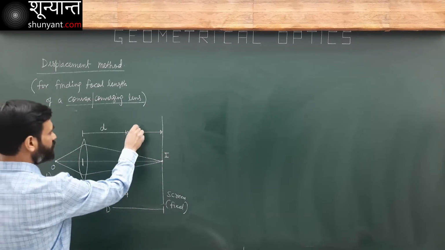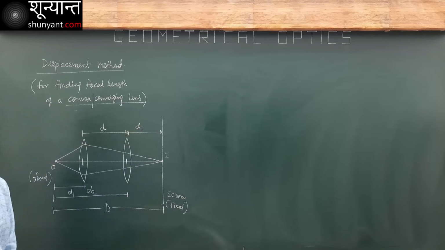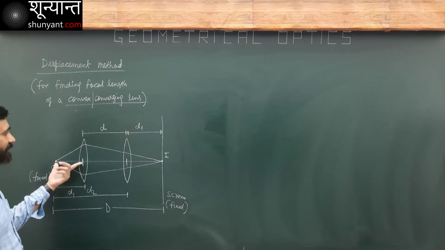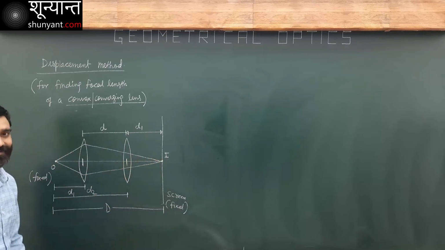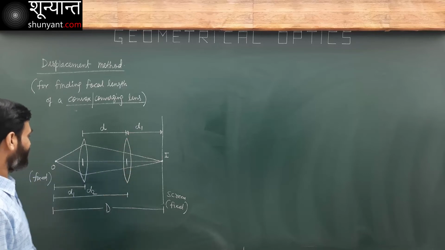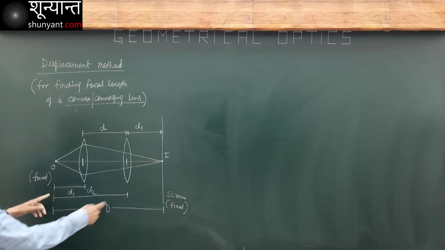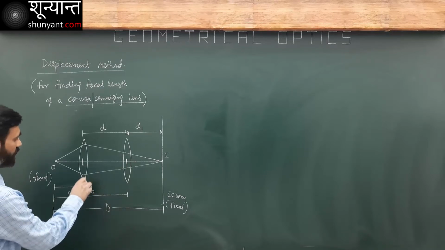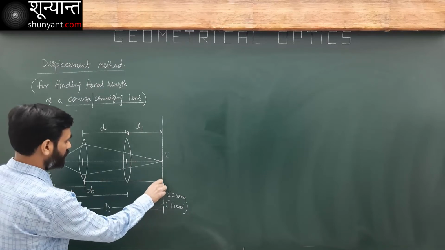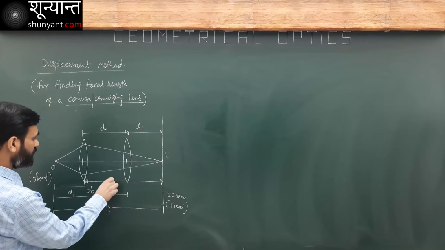Should this not always also be D1? If this becomes object distance, this becomes image distance. They can be interchanged. So this is also D1. And if this is D2, is this also not D2? This must be D2.